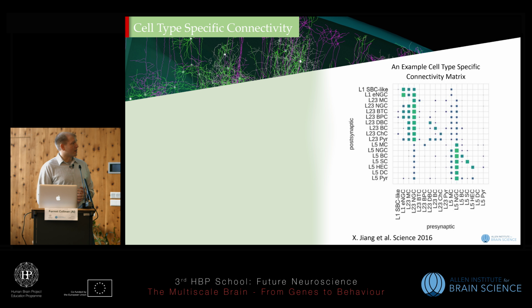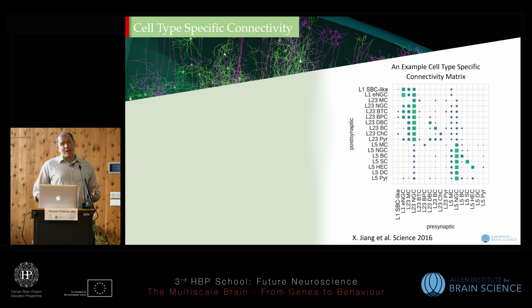This is an example matrix from a recent publication, or actually a communication about a publication, from the Tilius lab, which summarizes electrophysiological measurements of synaptic connectivity between different types of neurons. Here, every row in this matrix represents a different type of postsynaptic neuron, and every column a different type of presynaptic neuron, and the size of the boxes represents the probability that these two types of neurons are connected.